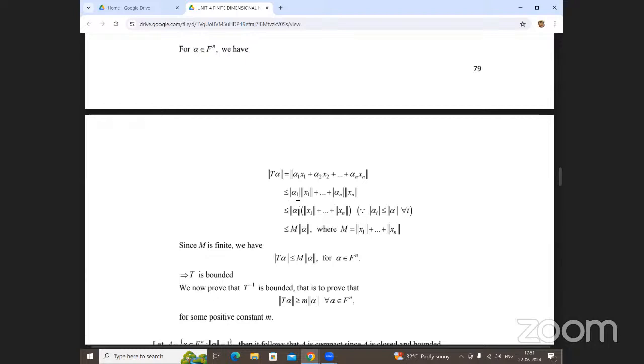Replacing the absolute values by norm alpha, we get norm alpha into norm x1 plus so on plus norm xn.